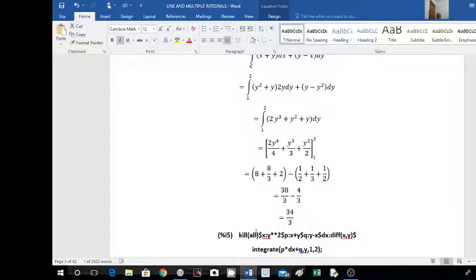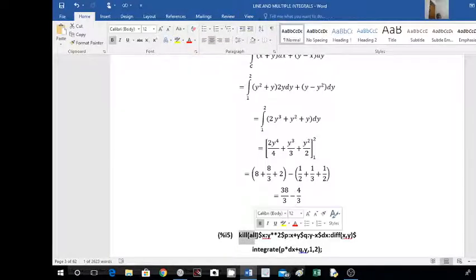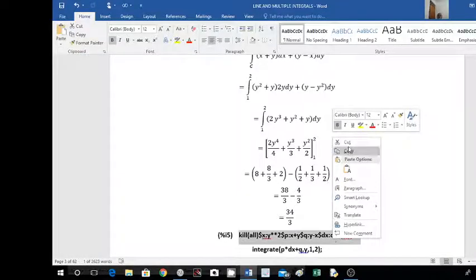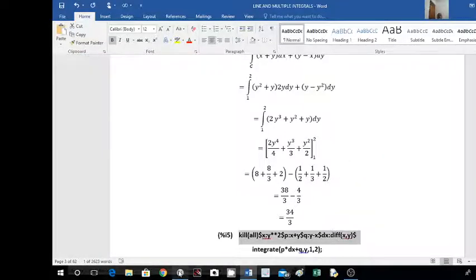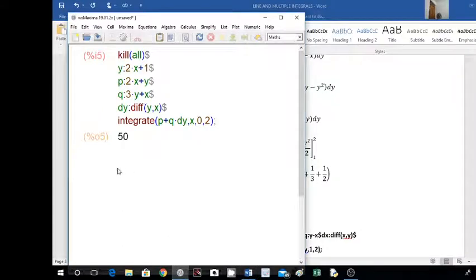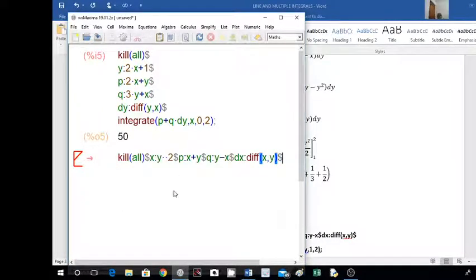Now let me copy this one, x is equal to y square. Let me try. Copy. Go to Maxima. Here I will paste. Okay, kill all.